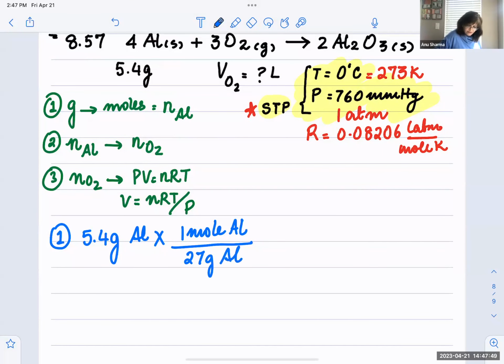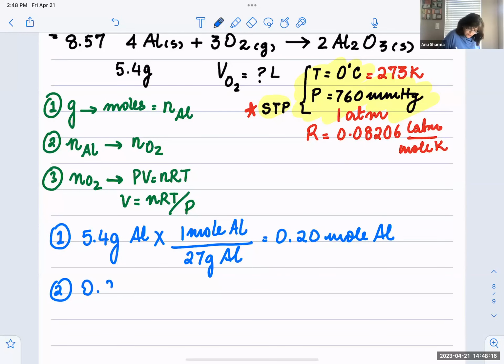So this gives you the moles. 5.4 divided by 27 is 0.20 moles of aluminum.